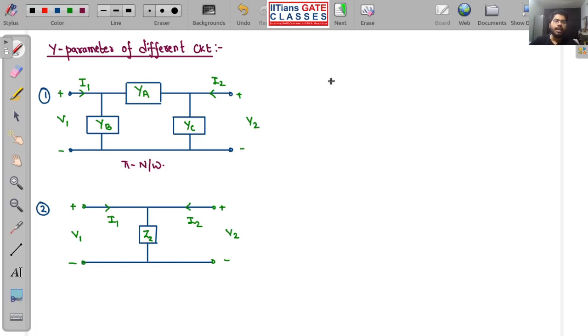If I write the KCL equation at this point and this point, let me assume this is port 1 and this is port 2. So I am writing the KCL equation at port 1. I1 plus V1 into YB plus (V1 minus V2) into YA equal to 0.